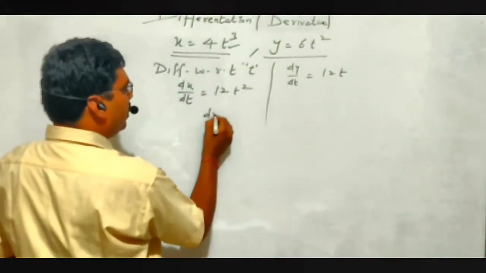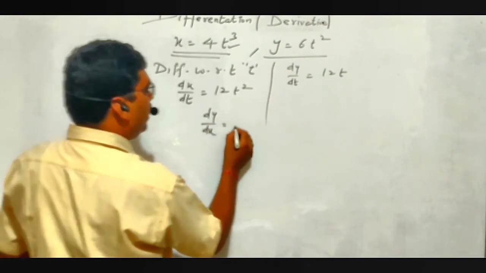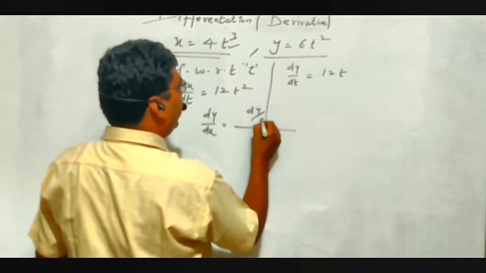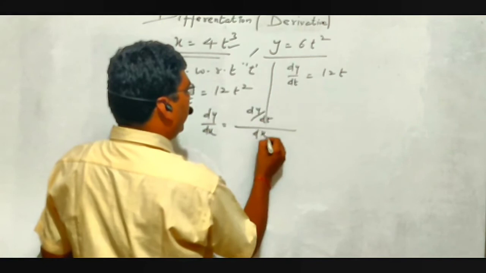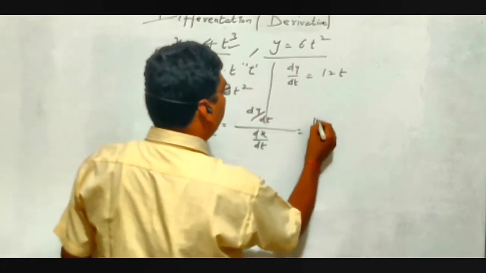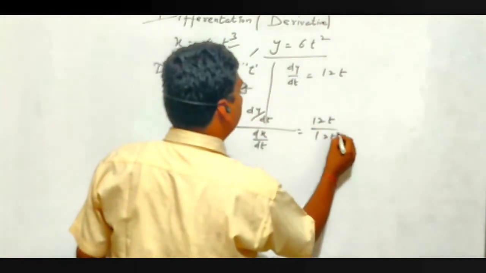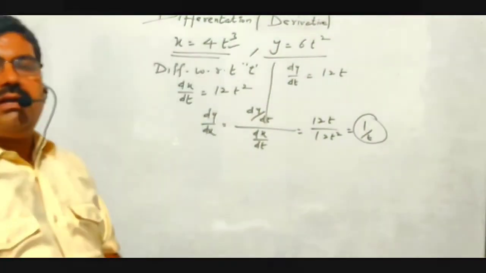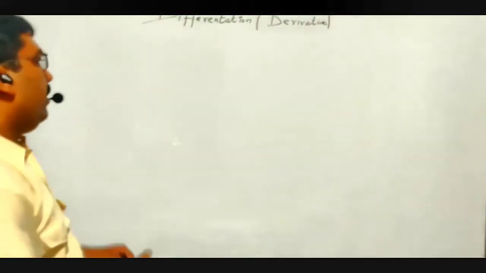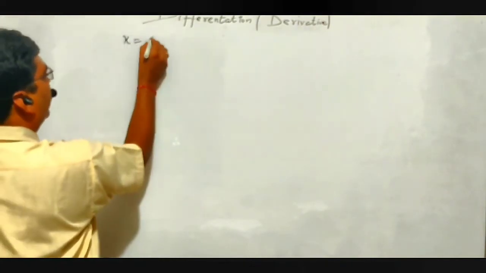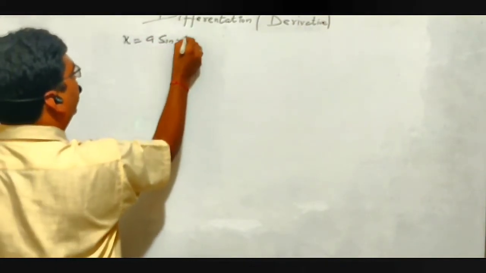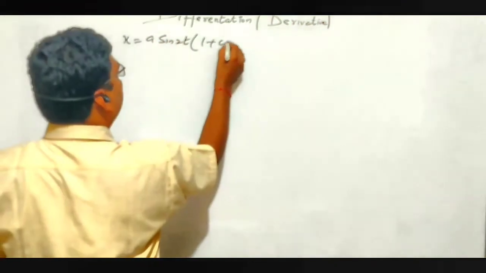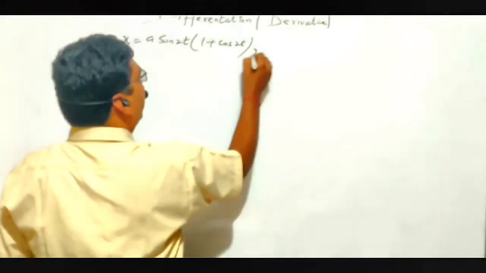Now dy by dx means dy by dt divided by dx by dt, so 12t divided by 12t squared, that is equal to 1 by t. That is the answer.